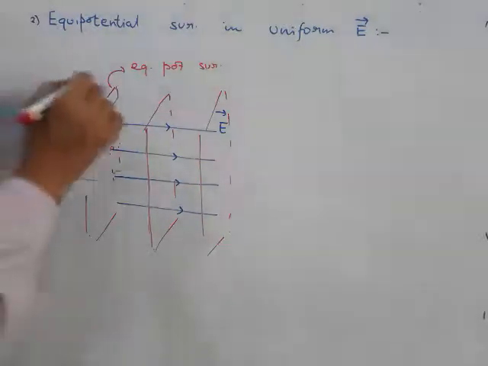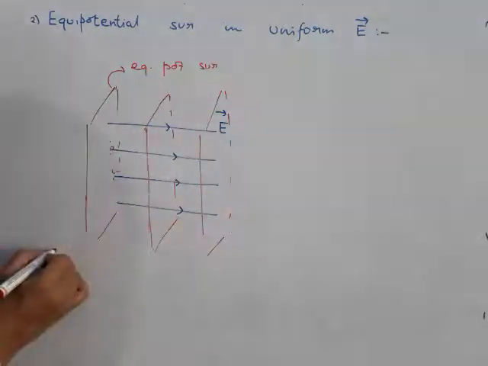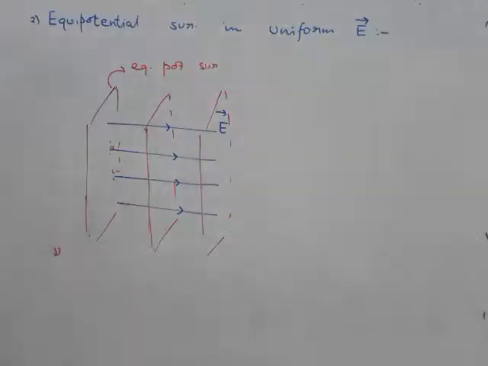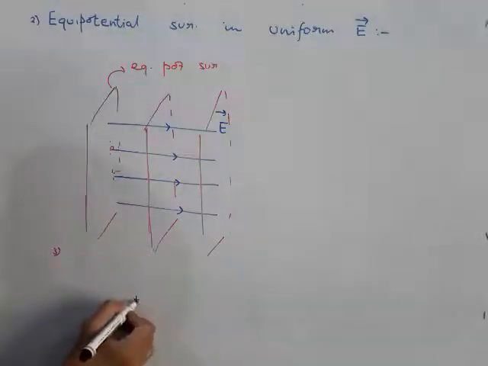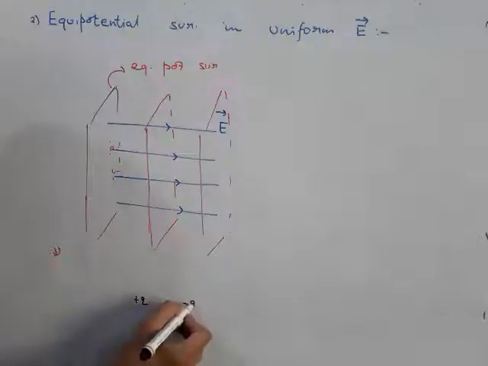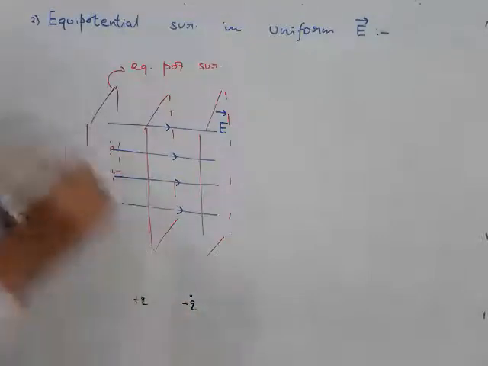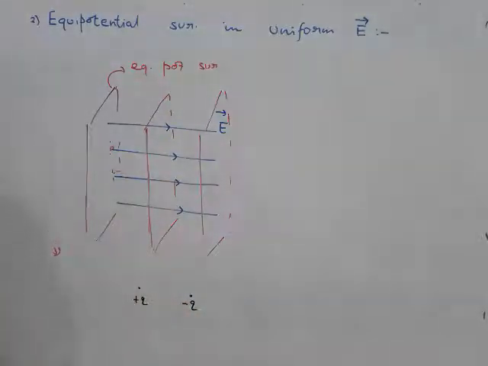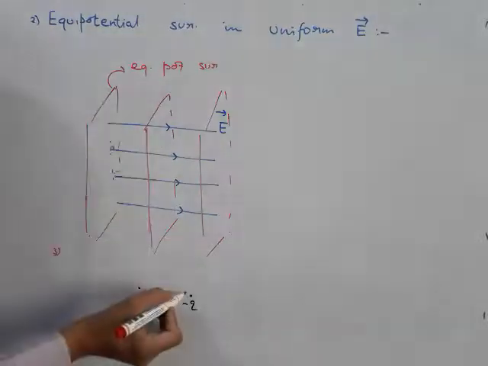Third example that we shall take up are the equipotential surfaces due to a dipole. Dipole, if you remember, we have discussed earlier. So it's basically a set of two charges plus q and minus q separated by a small distance. Now if you have two such charges, the electric field lines, if you remember, students, we have drawn earlier, they were like this.